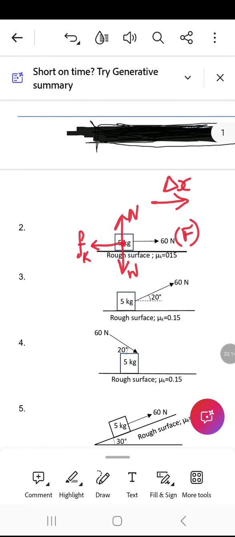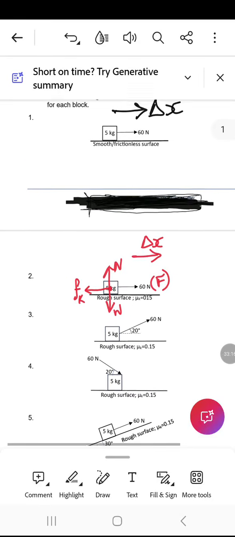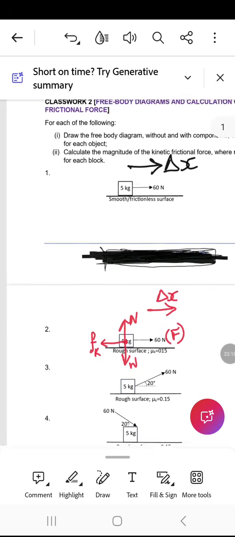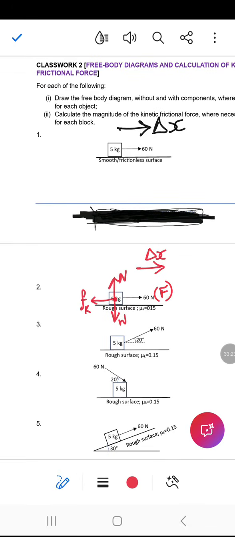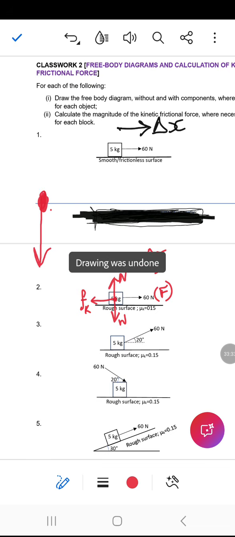So the free body diagram for number 2, guys, I'm going to show it here. My free body diagram will look like this. You show your object as a dot. Then I'm going to have my weight, then the normal force.